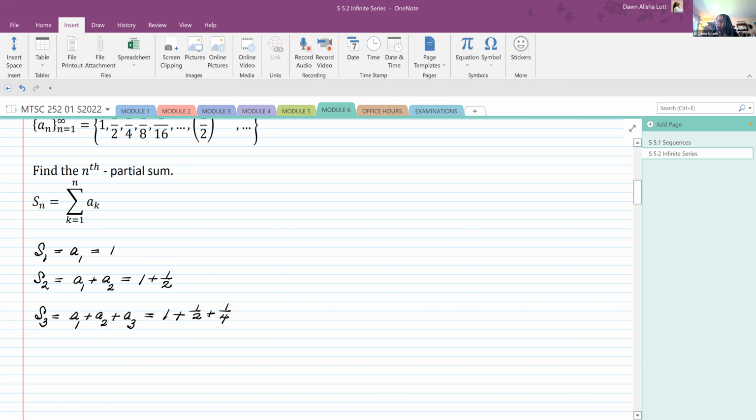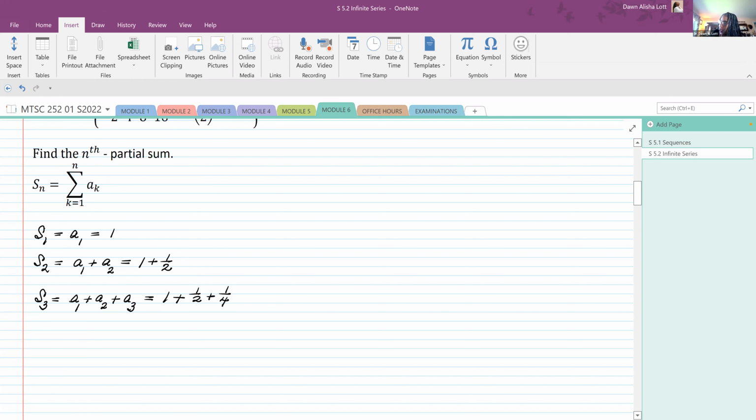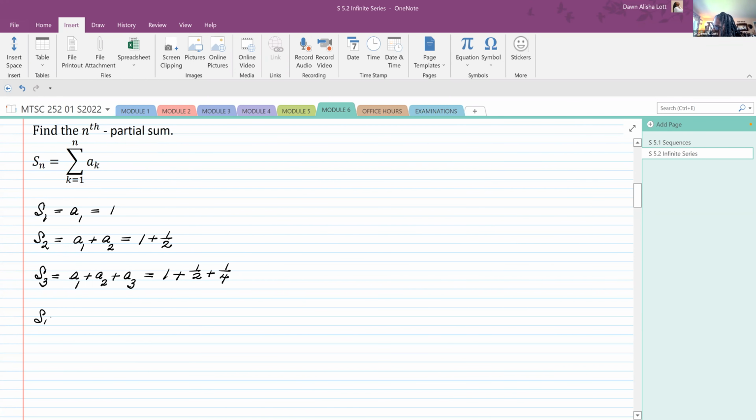We can keep summing these up. S4 is a1 through a4, so that is 1 plus 1/2 plus 1/4 plus 1/16. The first one, S1, is just 1. When we get S2, we get 3/2. When we add up S3, we get 7/4. And when we add up S4, we get 15/8.